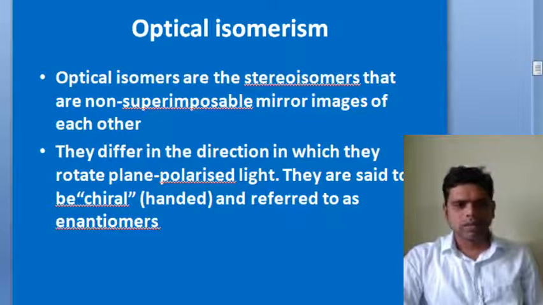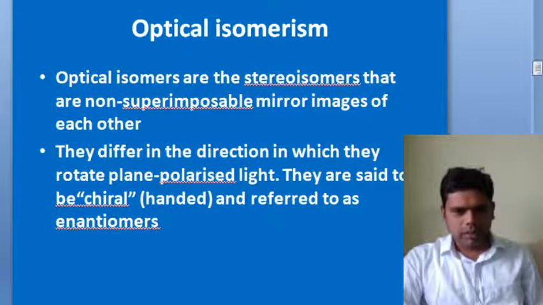Such stereoisomers have the same chemical properties and are almost structurally similar, but differ only in one property, that is rotation of plane polarized light. If the rotation of plane polarized light is different for two isomers, then they are referred to as optical isomers.